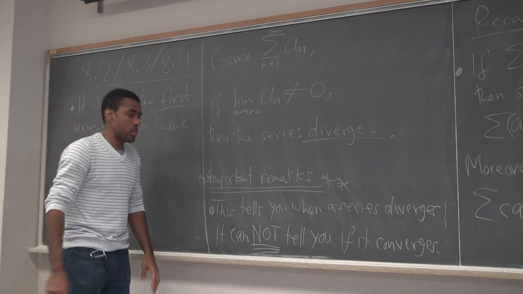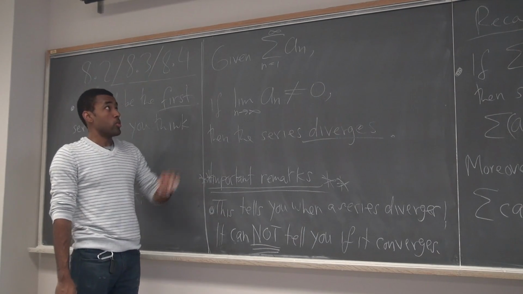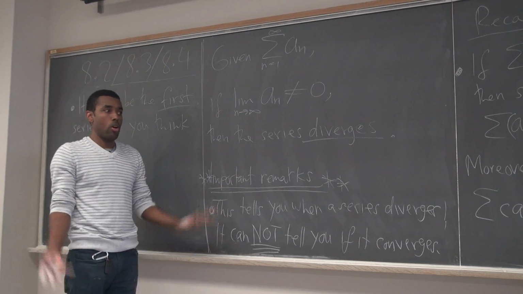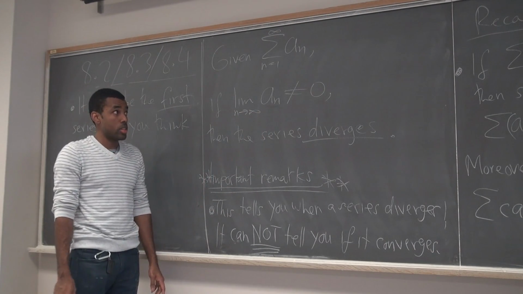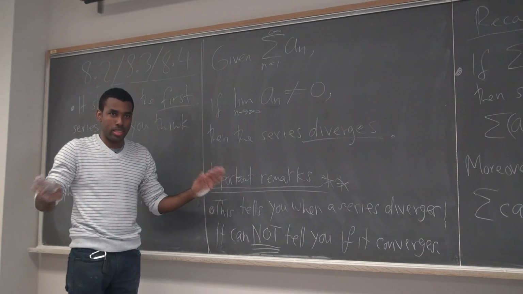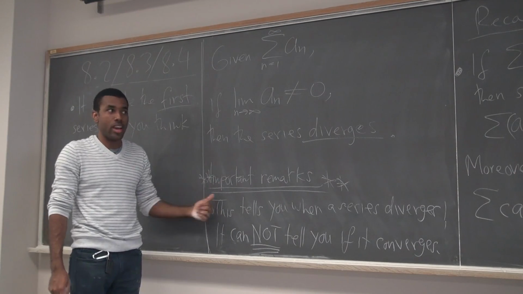So basically, the test for divergence tells you about divergence. You have a series, you notice that the limit of the terms does not go to 0, you can say, oh, the series diverges. If the limit is 0, you can make no conclusion. That's very important, that you never use this to tell if something converges. It cannot tell you.